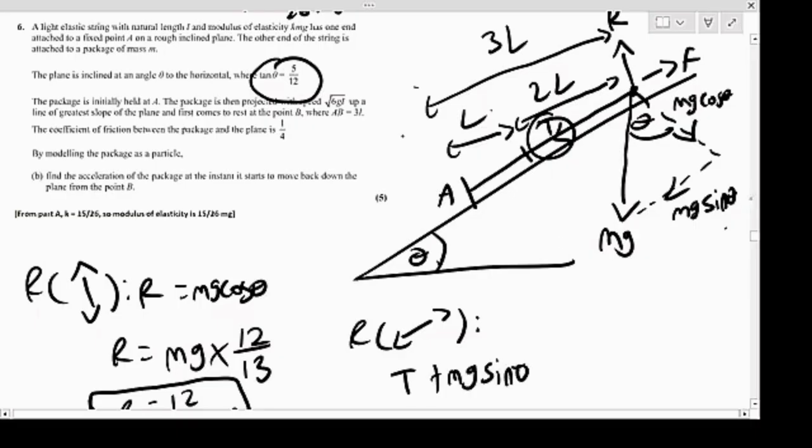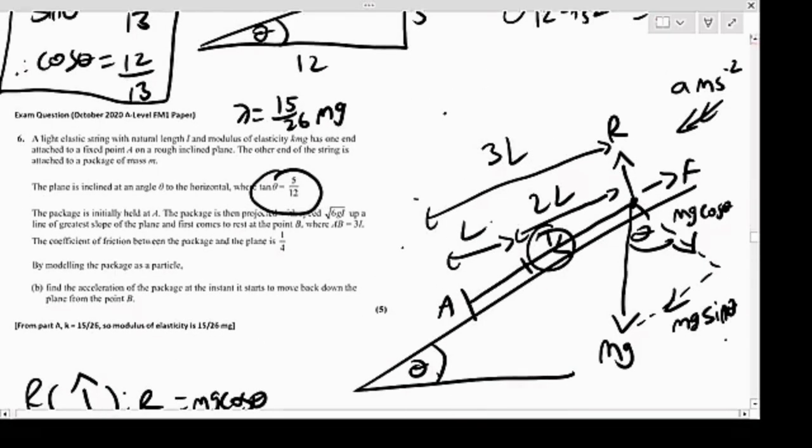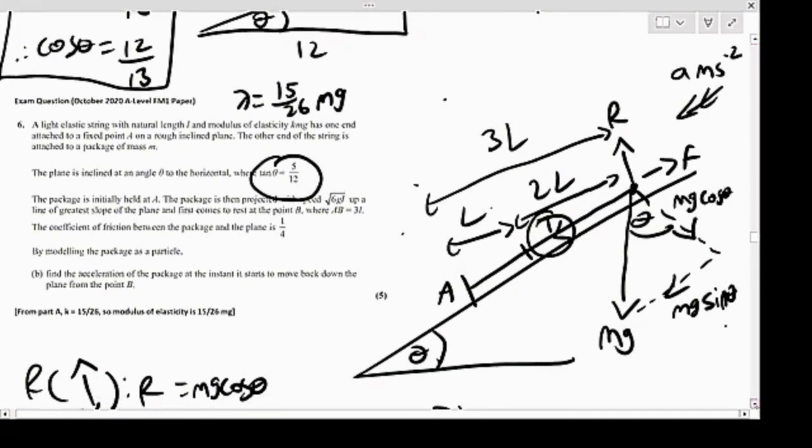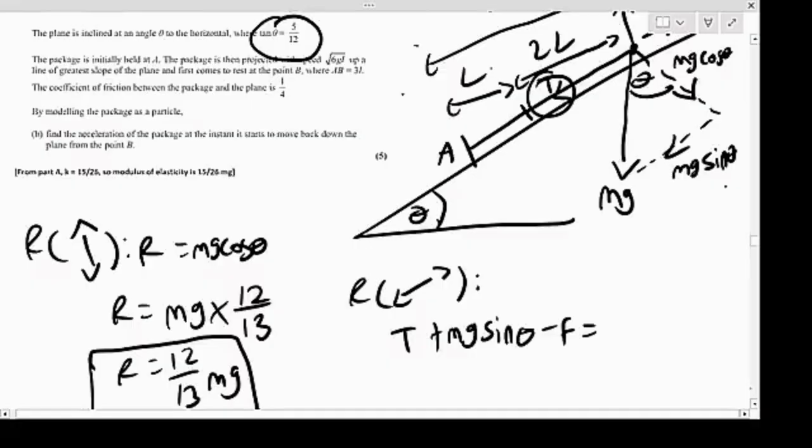But then in the other way, up the slope is F. So we're going to have to take away F, which is in the opposite direction. And that's going to equal MA, the mass times acceleration. So there we are.